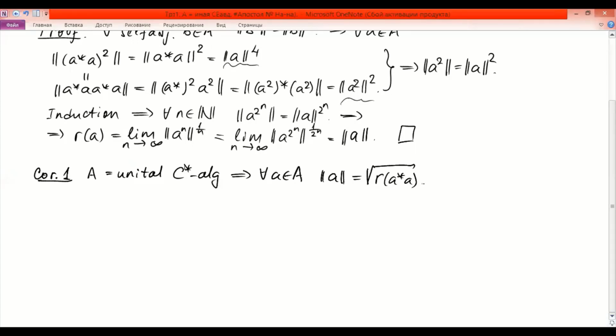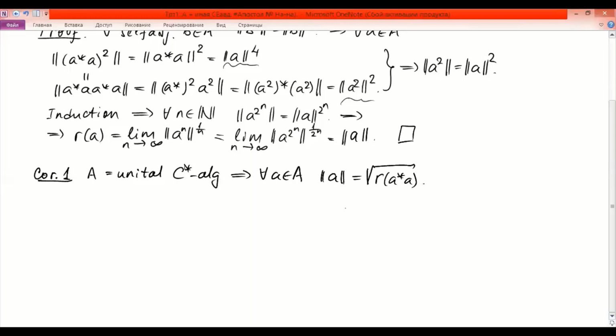This corollary shows that the norm on any unital C-star algebra is uniquely determined by its algebraic structure. So the right-hand side of this formula is purely algebraic, so it is defined in terms of the spectrum of A star A. So the norm on such an algebra is completely determined by its algebraic structure.